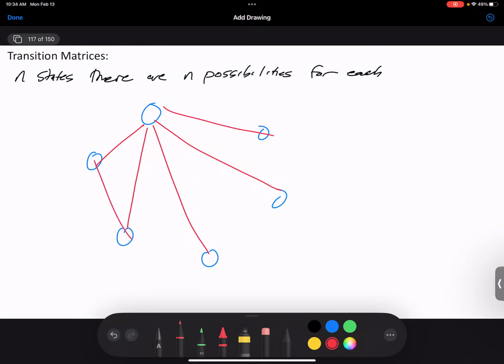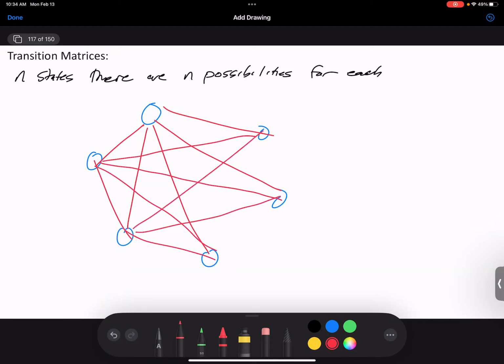And then, does anybody recognize what I'm drawing? I'm drawing a complete graph, but I will also draw the ability to go back to where you started. Right? So how many probabilities do I need to give you? Oops, I missed one.